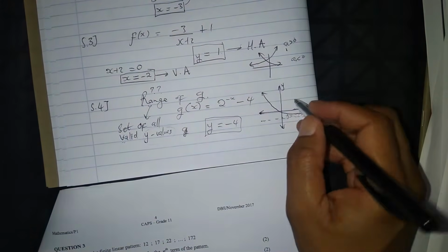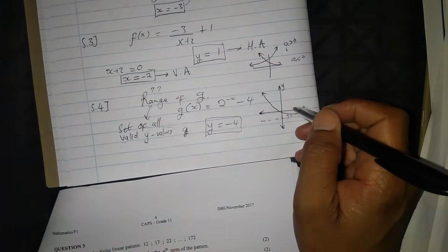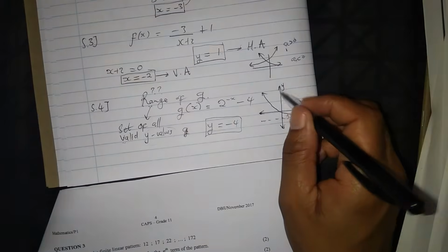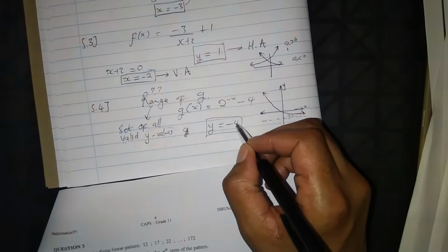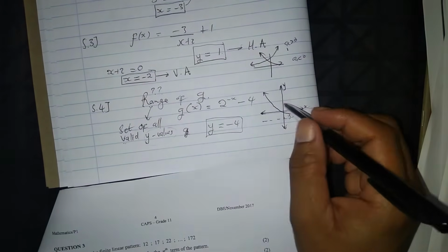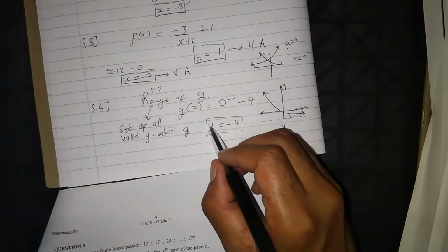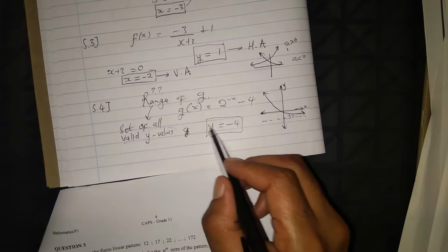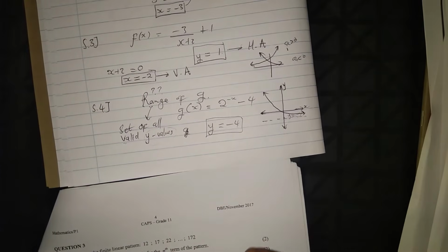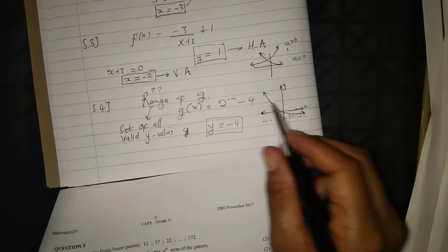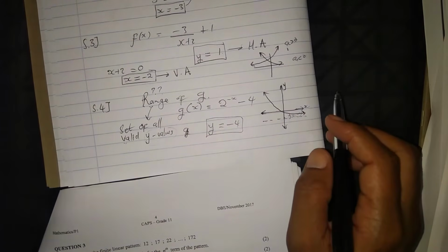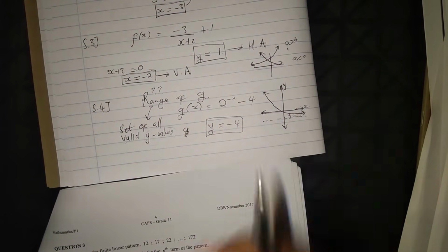In other words, the valid y values for this function are above y equal to -4. But y does not need to be equal to -4, because the asymptote is where the graph never touches but approaches.